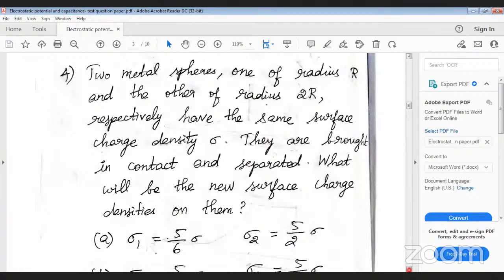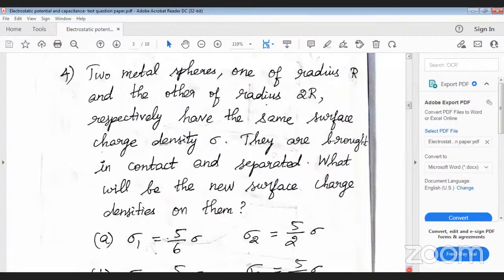Before we discuss the solution for this problem, we need to understand the question. When you bring the two metal spheres in contact with each other, charge distribution happens between the two spheres until the potential on both the spheres become equal. Whenever you bring two charged bodies in contact with each other, the charge redistribution happens until the potential on both the bodies becomes the same.